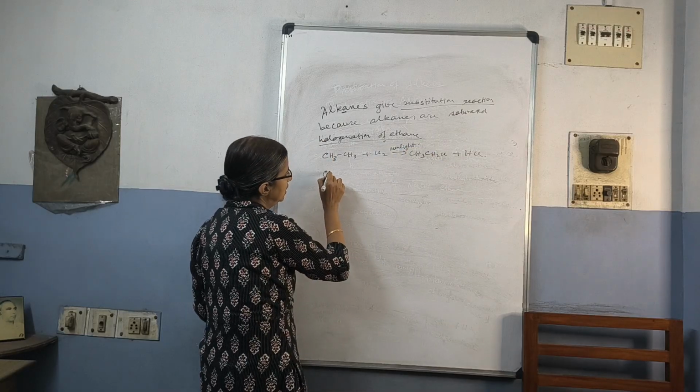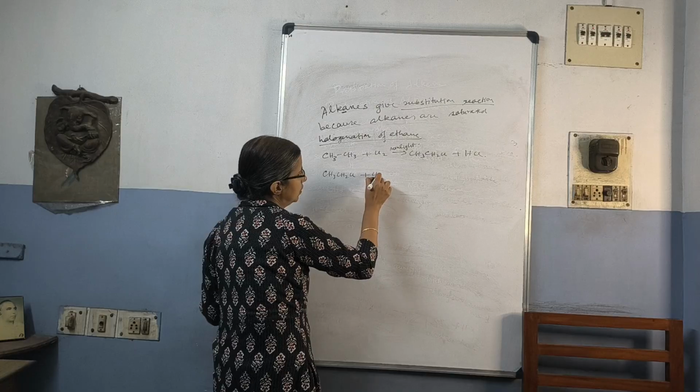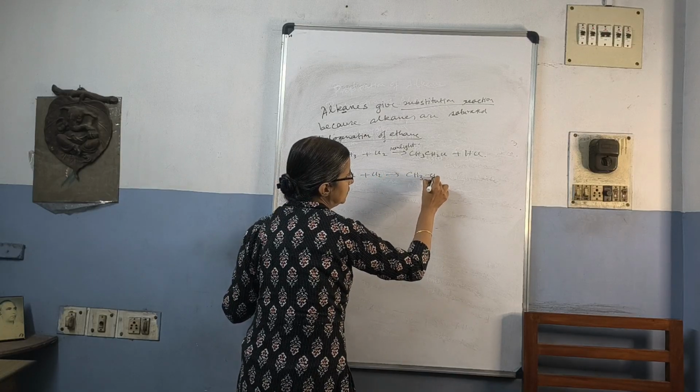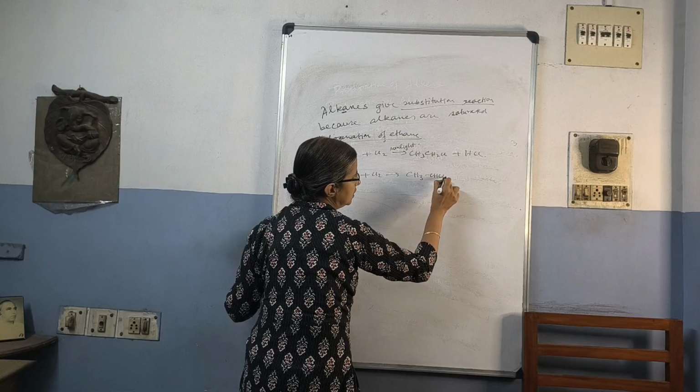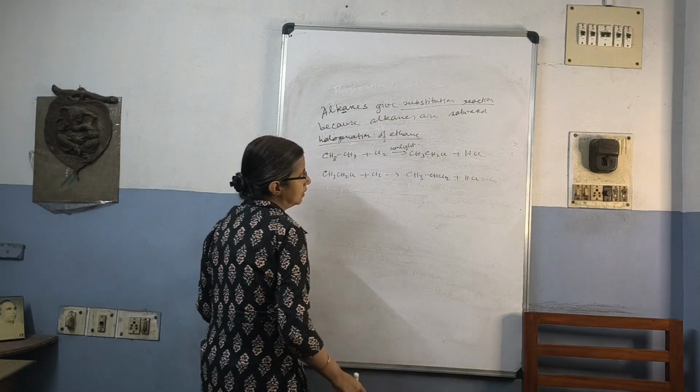Then again CH3CH2Cl plus chlorine, so it will be CH3CHCl2 plus HCl.